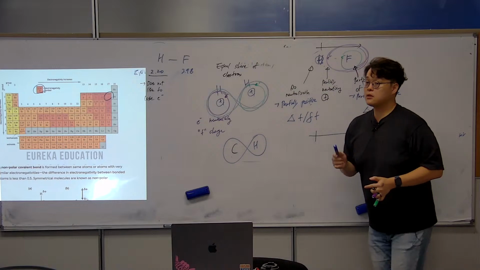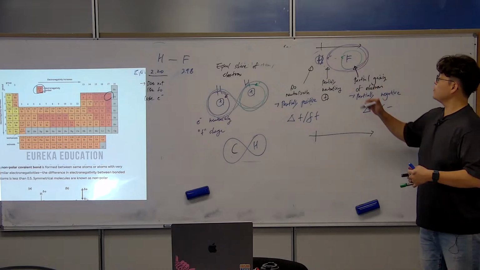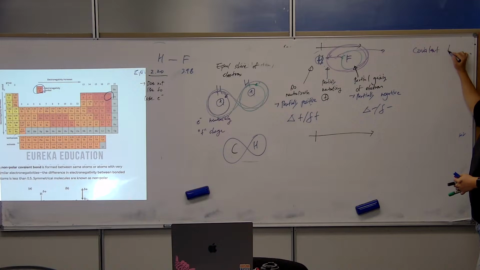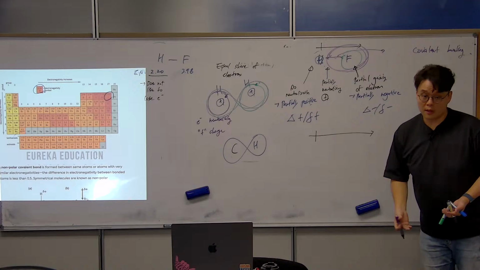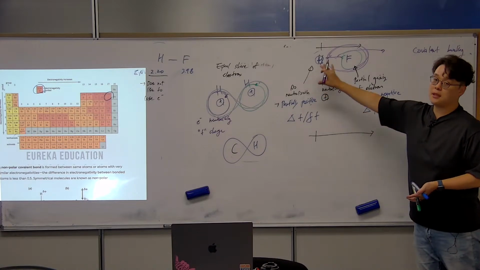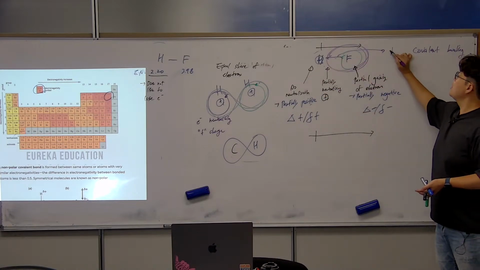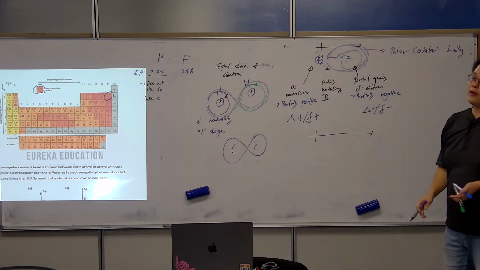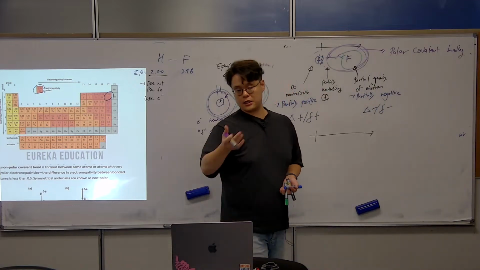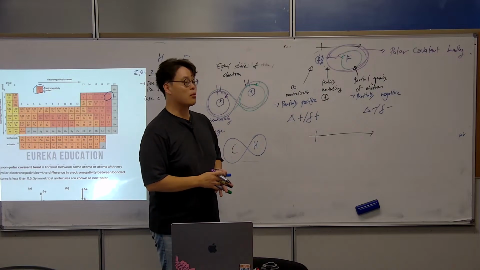So I can still say the bonding between them is still covalent bonding, as they're sharing the electrons. But because they're starting to have some positive and negative, this is known as polar covalent bonding. It's a new type of bonding inside the molecule that you need to remember.